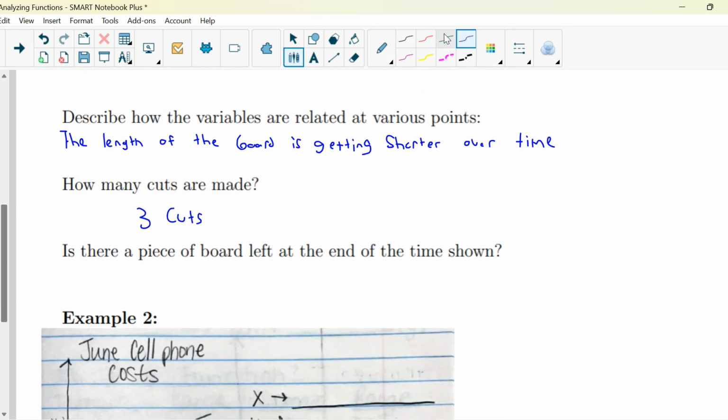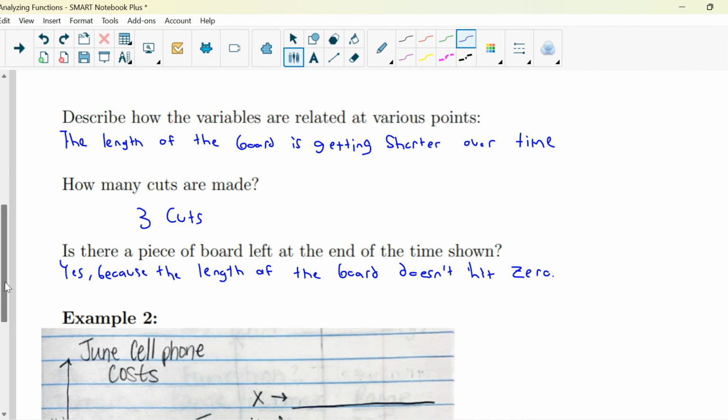So I would say that yes, because the length of the board doesn't hit 0, we still have some length left over.